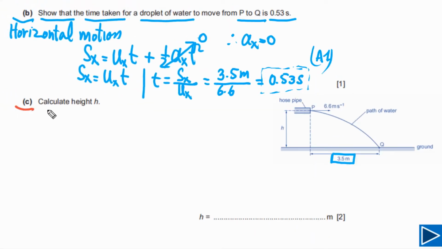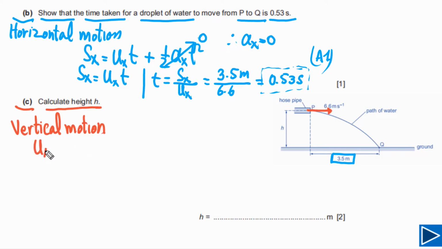For part C, we need to calculate height. It simply means that we need to consider vertical motion now, because height is the vertical displacement. So we have to consider vertical motion for this part. For vertical motion, we need to understand that the initial velocity of this object, the water, is only horizontal velocity. So it has no velocity along vertical.